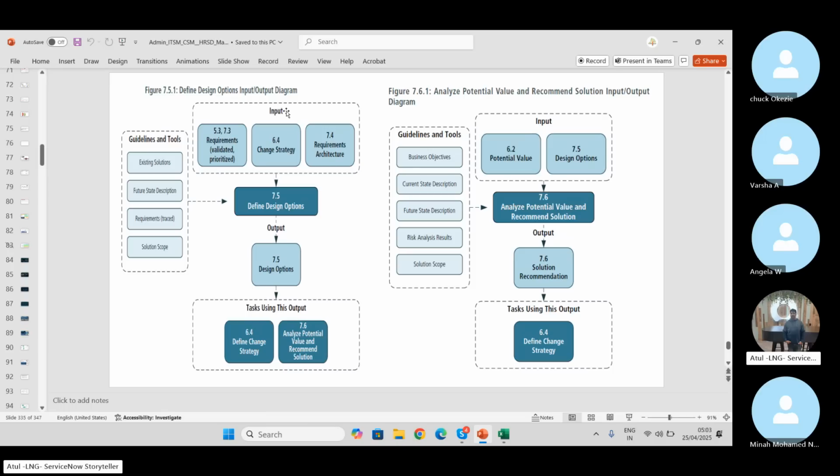Let me give an example. Let's say I want to integrate ServiceNow with a third party tool, let's say Jira. Now to integrate this platform, I have multiple options. Number one, I can build my own APIs. Number two, I can hire some other vendor, or purchase some kind of API from another vendor.